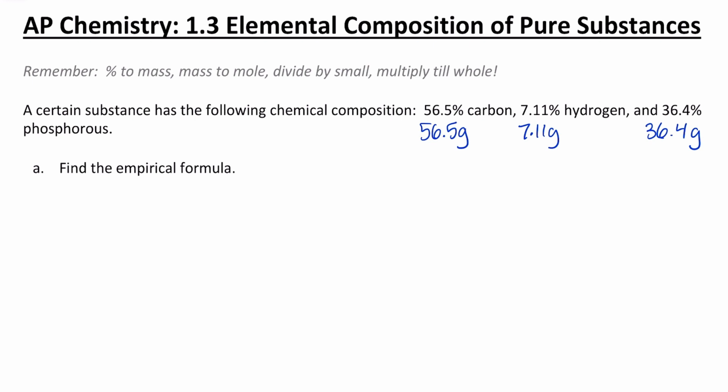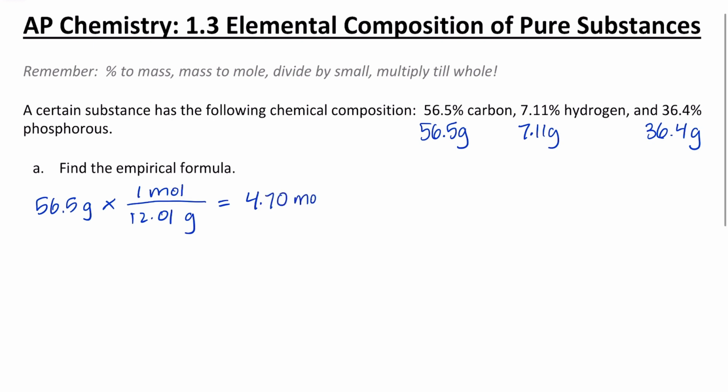We're going to convert these to mole. So 56.5 grams carbon, multiply 1 mole of carbon over 12.01 grams. That gives us 4.70 moles of carbon. And for hydrogen, 7.11 grams of hydrogen, multiplied by 1 mole of hydrogen and 1.01 grams.